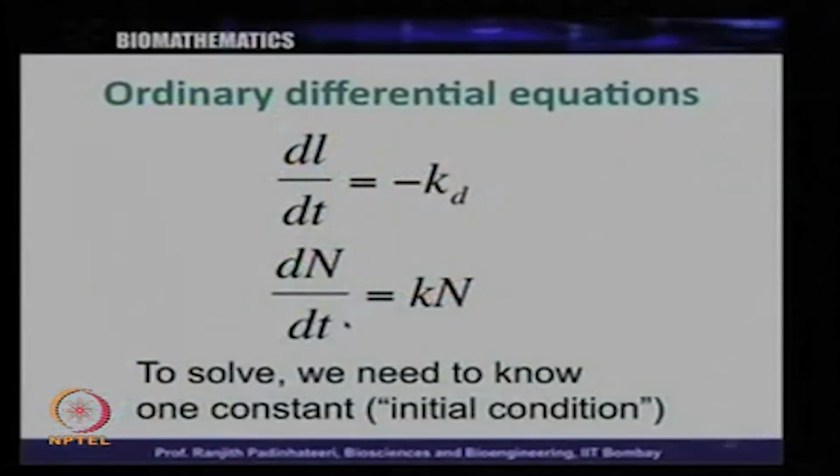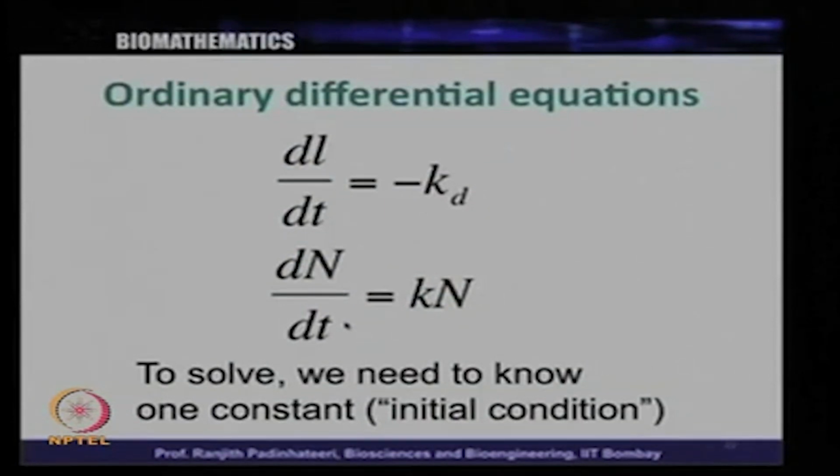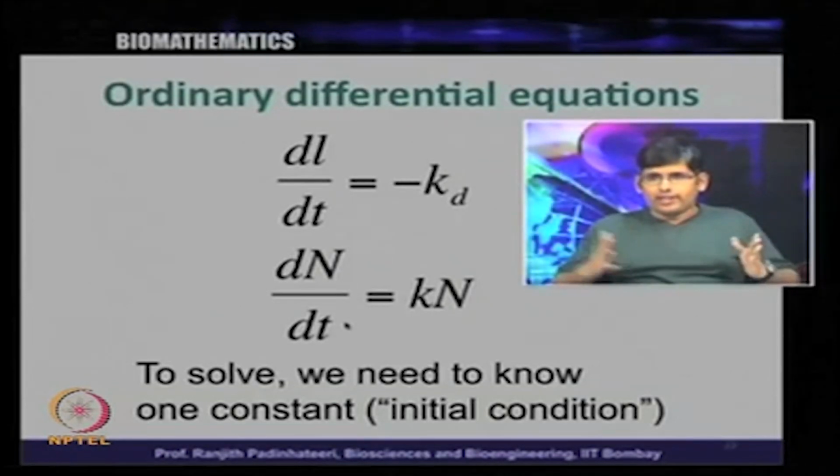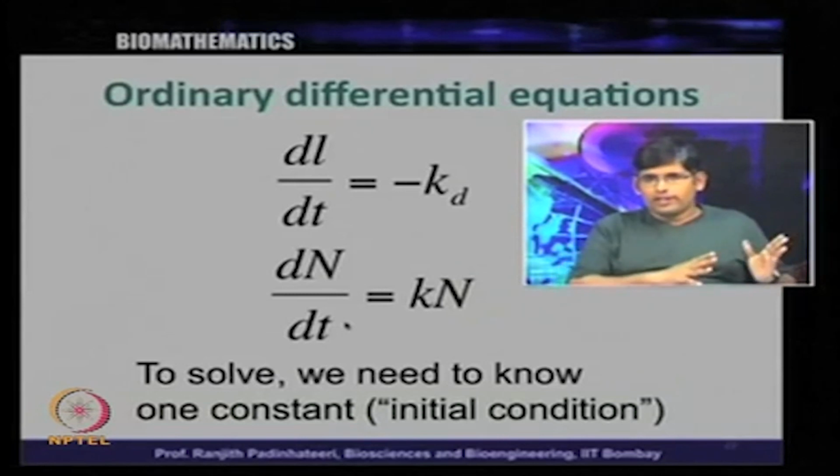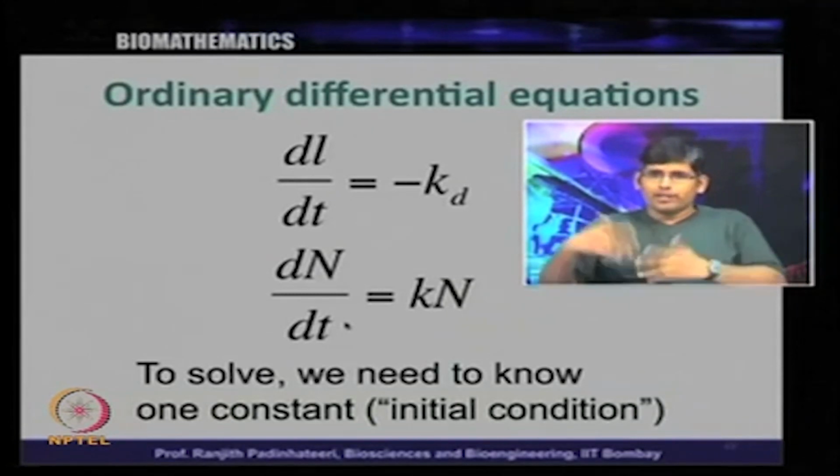So, let us see what we have. What we studied is two kinds of equations, and such equations are called ordinary differential equations. Why ordinary? We will discuss this, because when we discuss some other type of differential equation, we will understand the difference, and we will say what is an ordinary differential equation and what is some other differential equation.